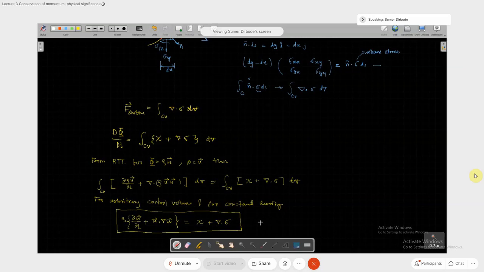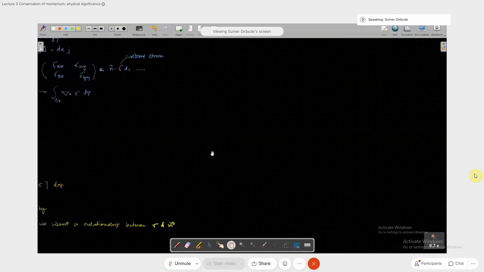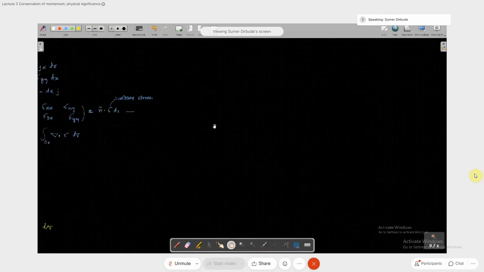So here we want a relationship between sigma and u, and that is the whole battle. That is what made these equations not so easy.